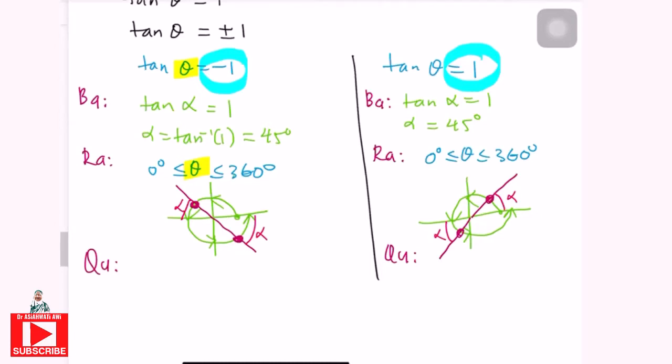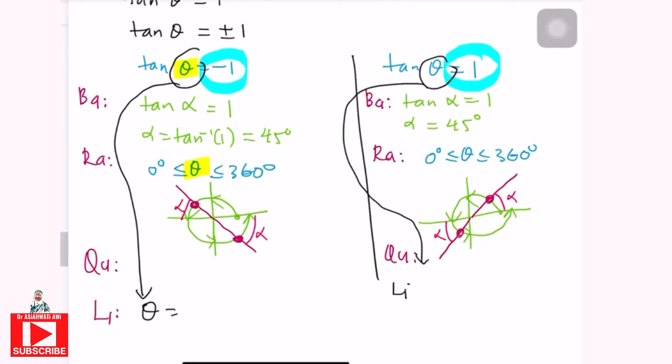The next step, list down the theta. Follow this one. 180 minus alpha, 180 minus 45, so 135. And then 360 minus 45, the answer is 315.